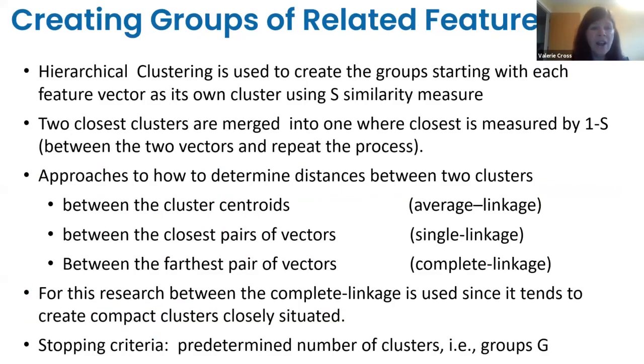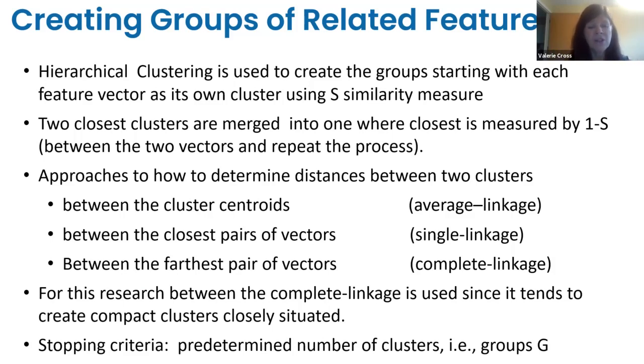So we used hierarchical clustering to create the groups, and there are different ways that you could determine the distance in creating your groups. We used the complete linkage approach, where we took the distance between two clusters as the farthest pair of vectors, and we would use that to decide how to merge the clusters.